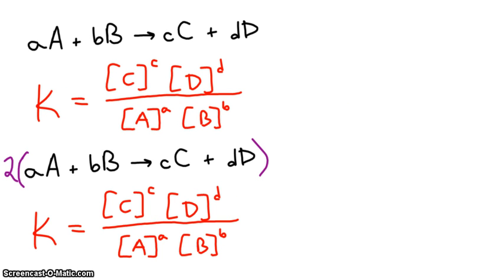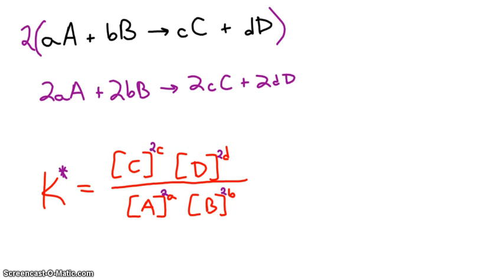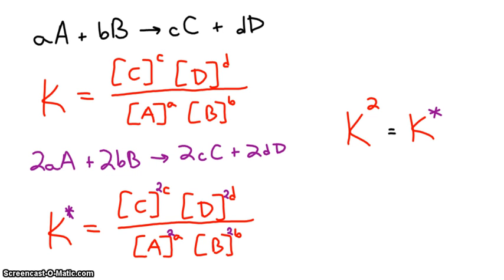If for some reason you need to multiply through the chemical equation by some number, like 2, you're multiplying this chemical equation through by 2. When the balanced chemical equation for a reaction is multiplied by 2, the equilibrium expression for the new reaction is the original equilibrium expression raised to the second power.